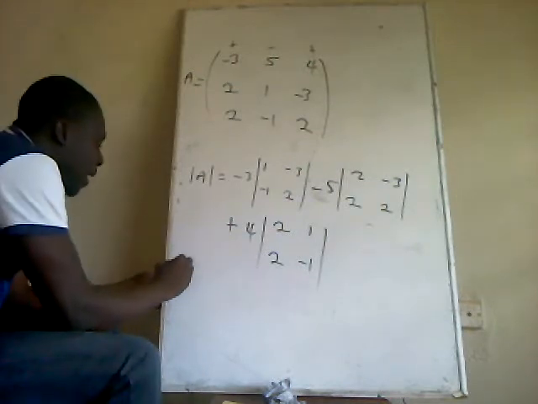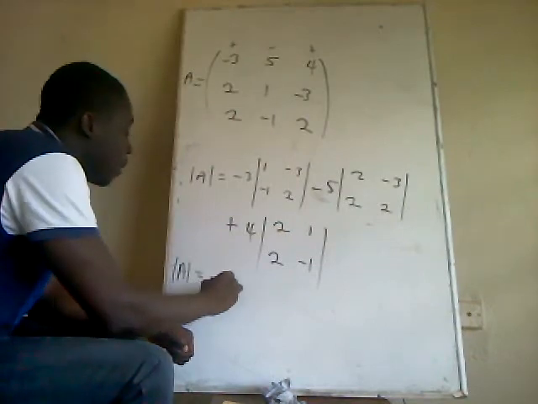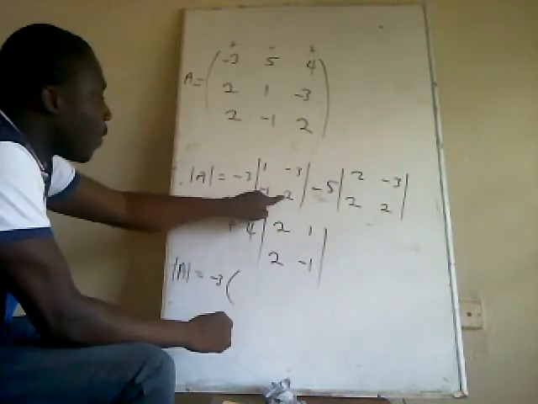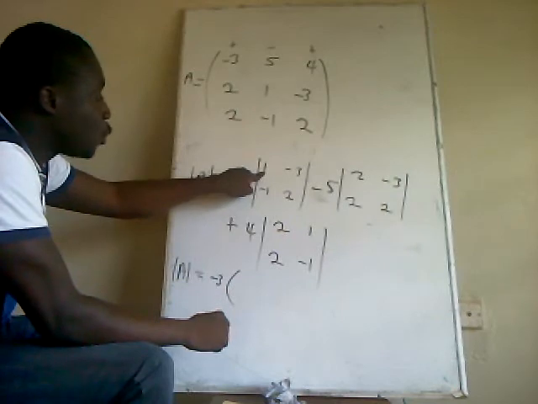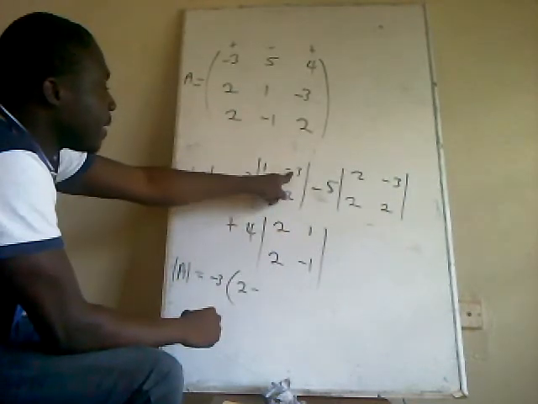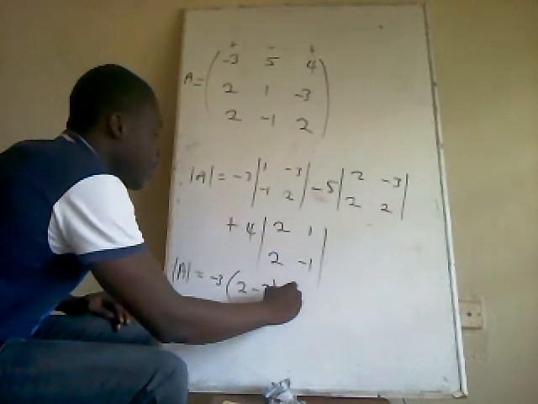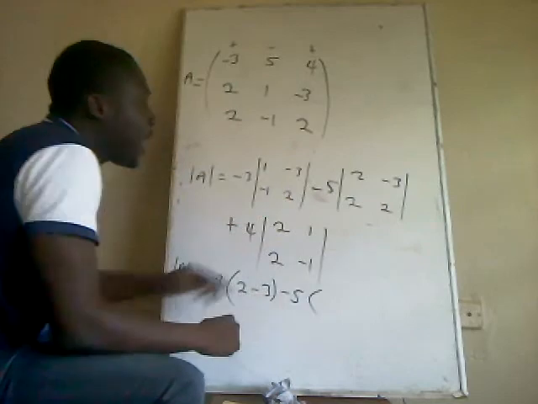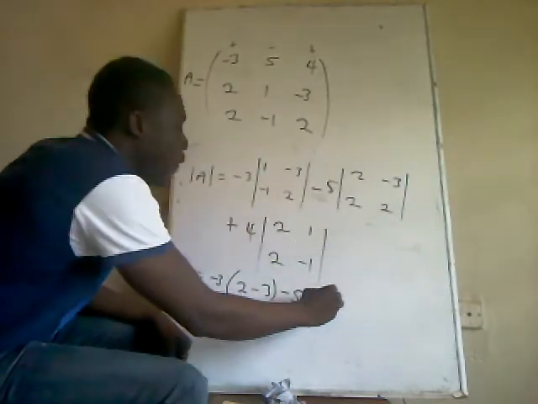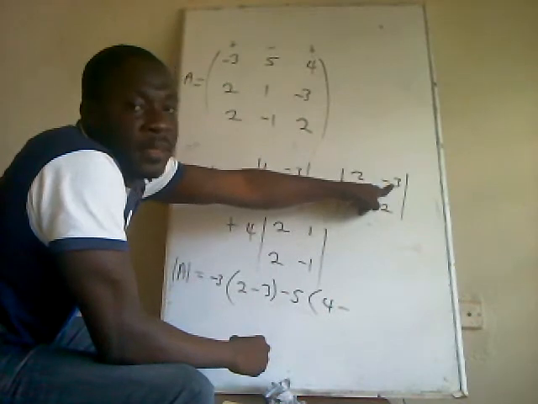So the determinant of A is minus 3 multiplying. Now, this time this is 2 minus this times that is positive 3. Minus 5 multiplying this times that is 4 minus this times that is minus 6.